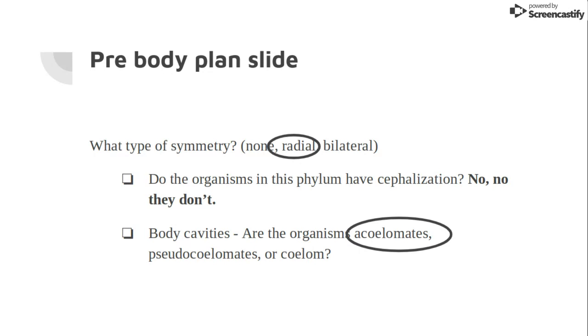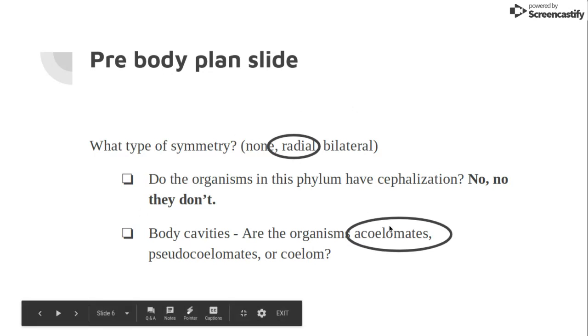Do organisms in this phylum have cephalization? No, they don't. Body cavities. Are the organisms acoelomates? I don't know. There's this one right here that I've circled.